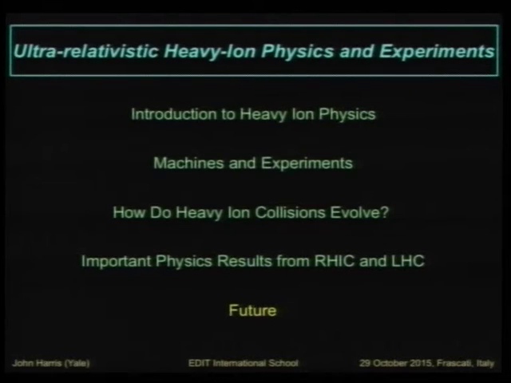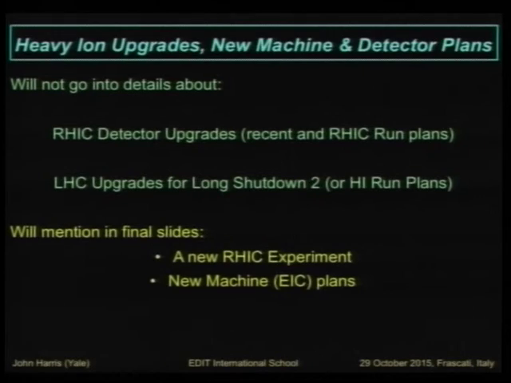But let me go to the future. I think I have a few more minutes. I can't possibly go into the upgrades that have occurred just in the last couple of years at RHIC for detectors or the RHIC run plans, although if you ask, I can tell you what they are.